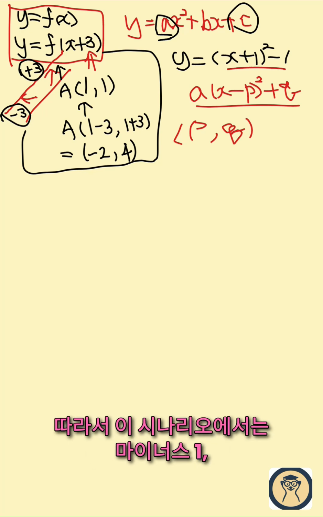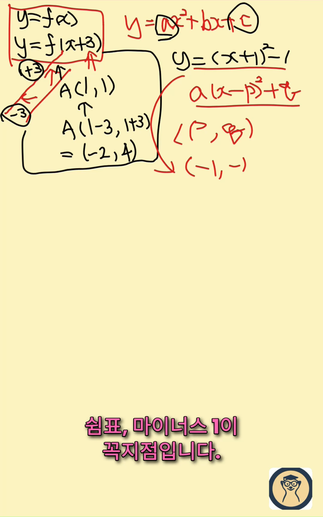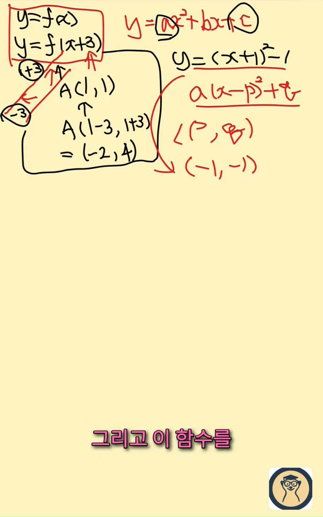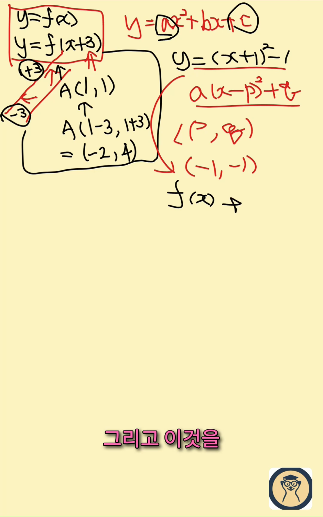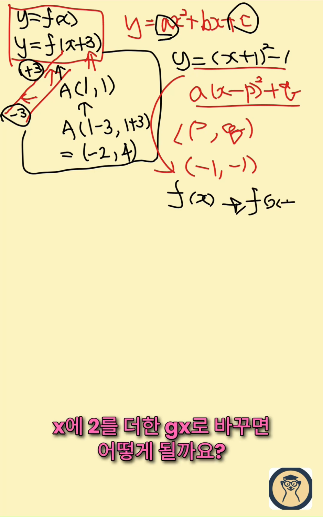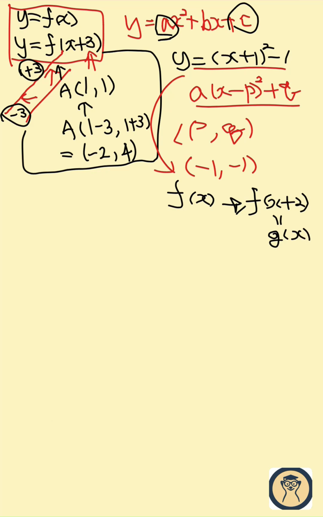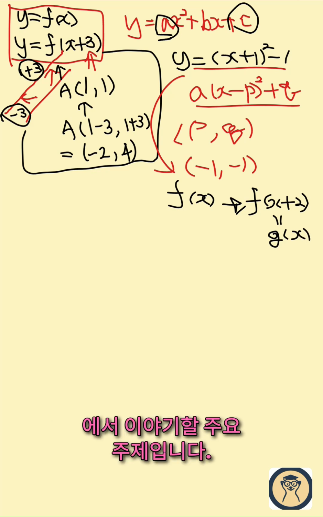So in this scenario, we have (-1, -1) as a vertex point. Let's suppose this function is called f of x. And what happens if we change it to (x + 2) and call this g of x? This is the main topic that we are going to talk about today.